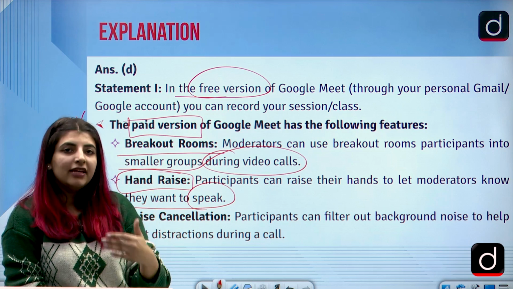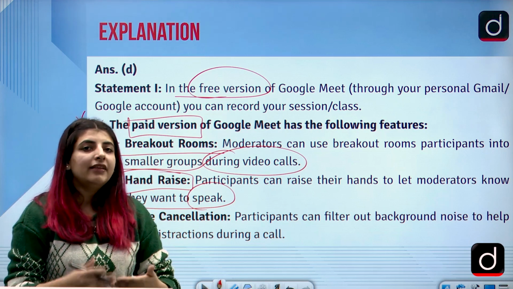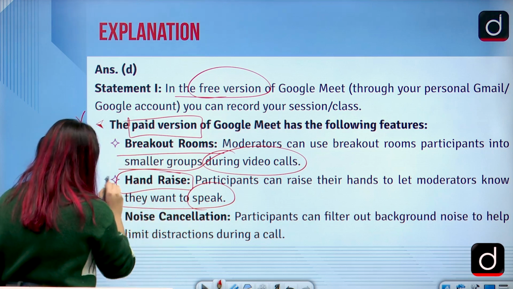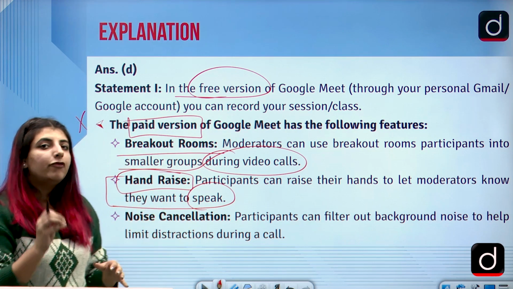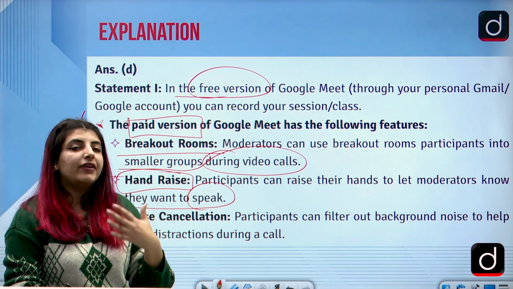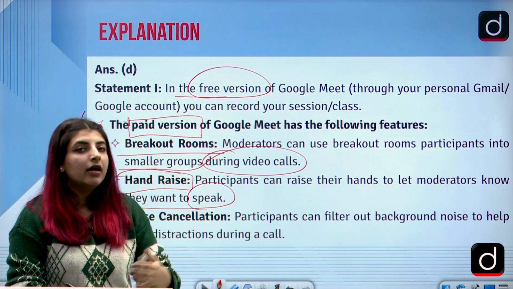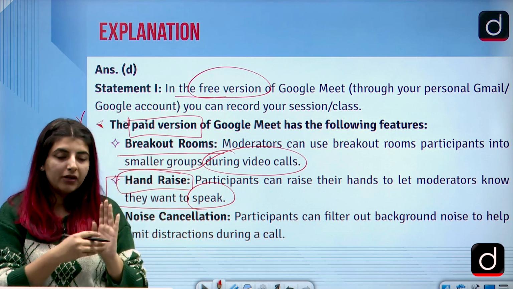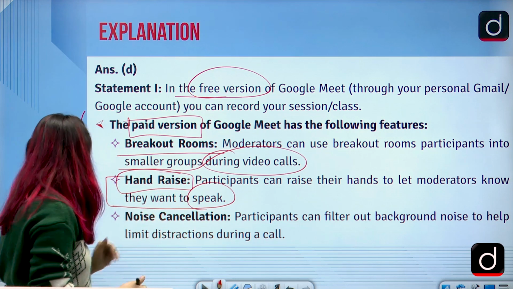So rather than just being in the class and creating a mess, this feature is there for the hand raise part, so that the moderator, the person who is the organizer of the meeting, knows that yes, this person wants to speak and they can turn on their mic and speak.